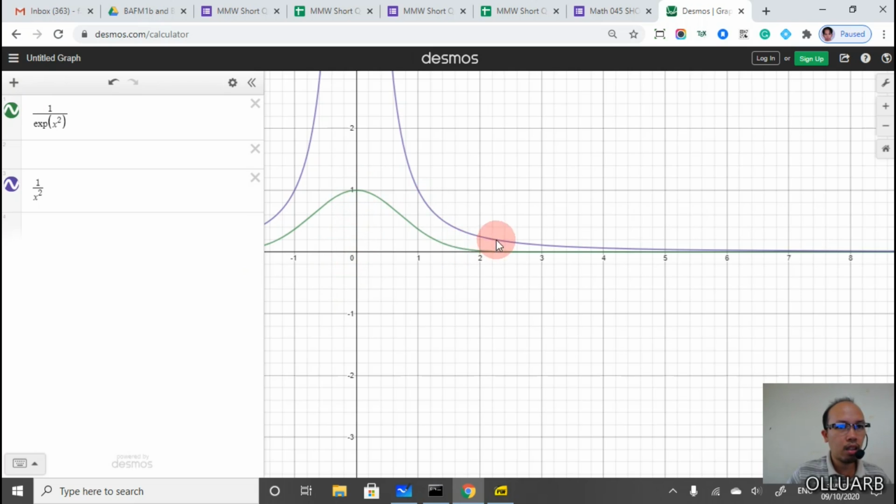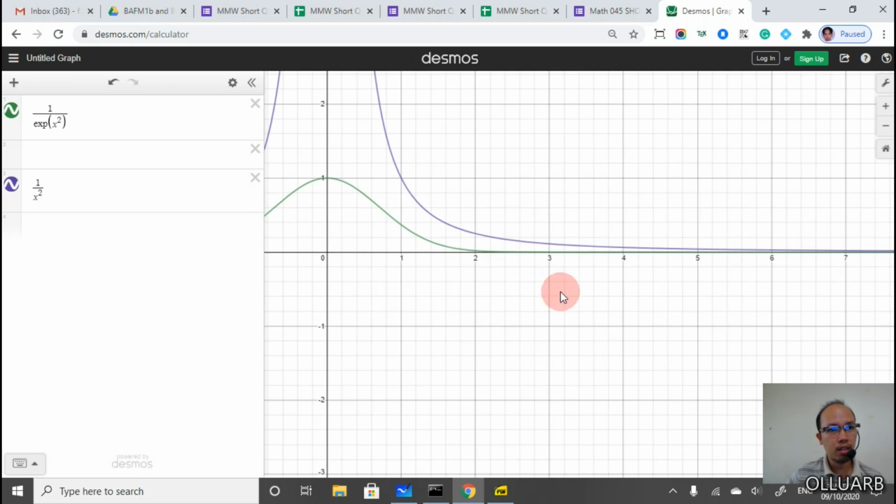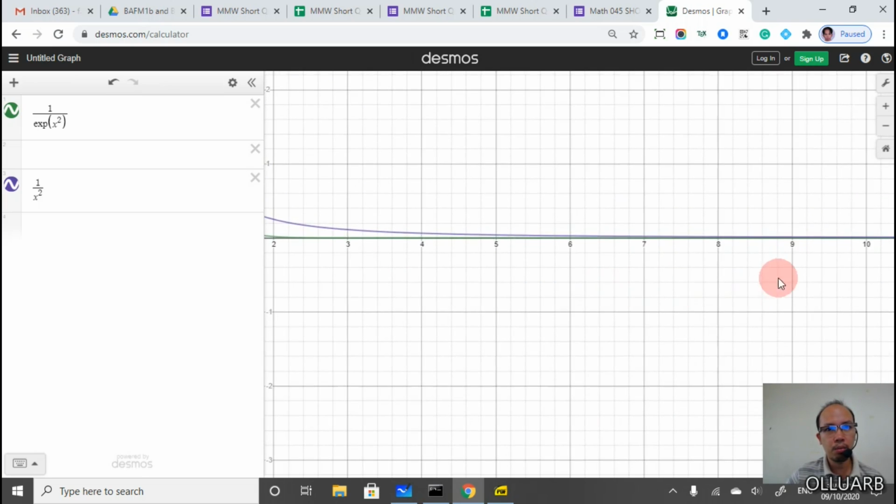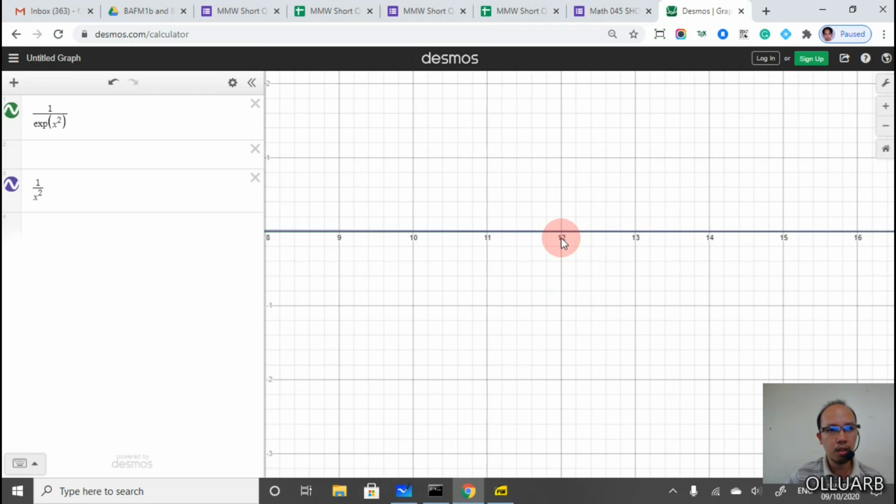So clearly the blue one, 1 over x squared, is much bigger than 1 over e to the x squared, as you can see in the graph. Even if you zoom out up to, suppose, 12, you can see here in 12 that the two series almost overlap each other.